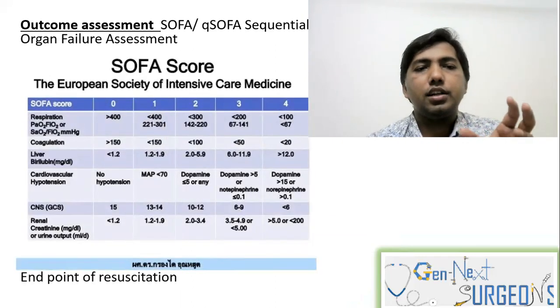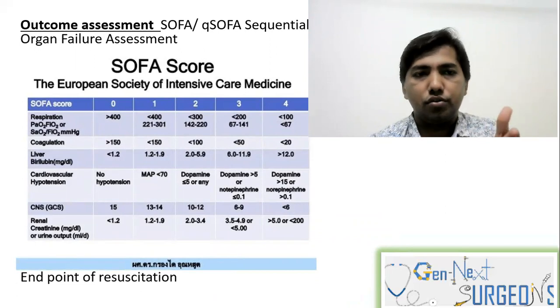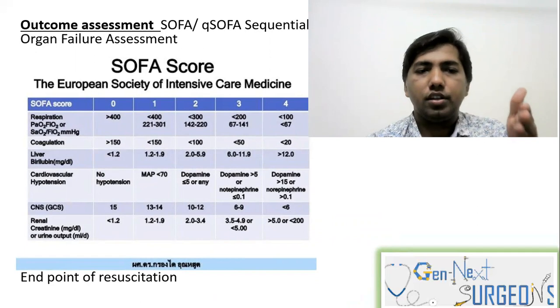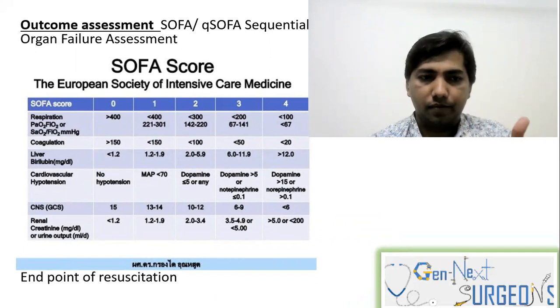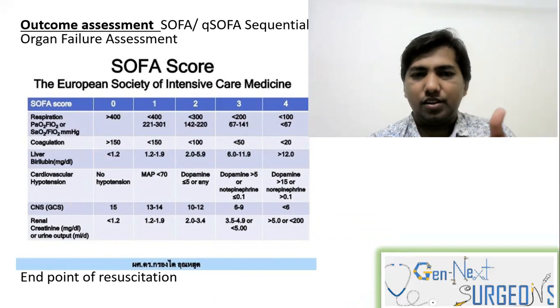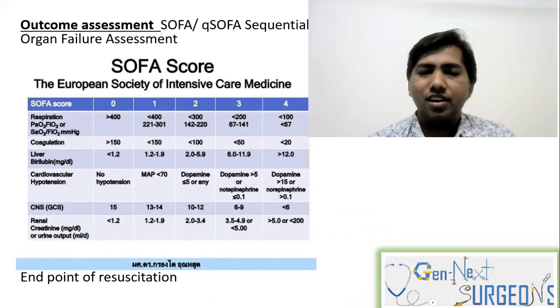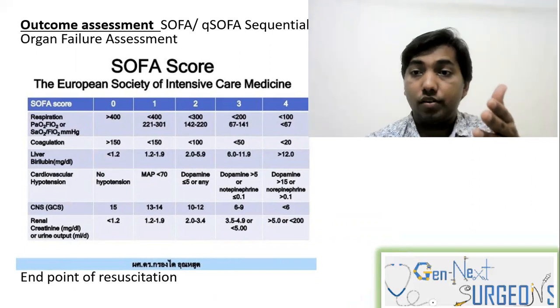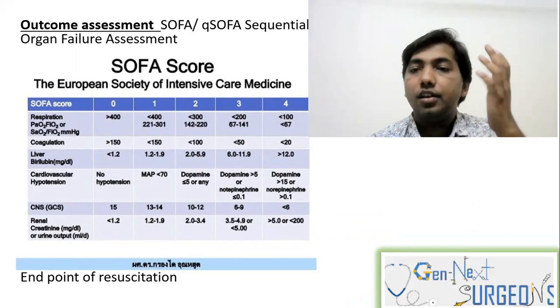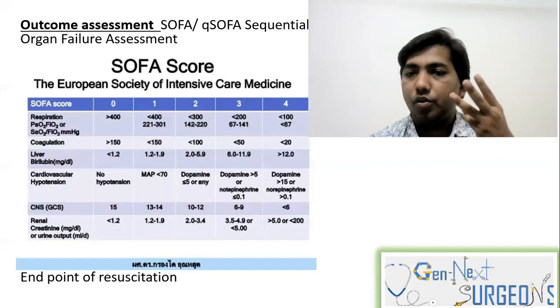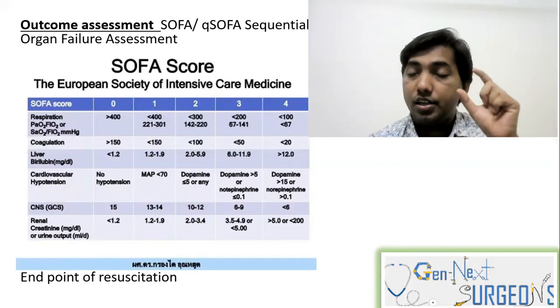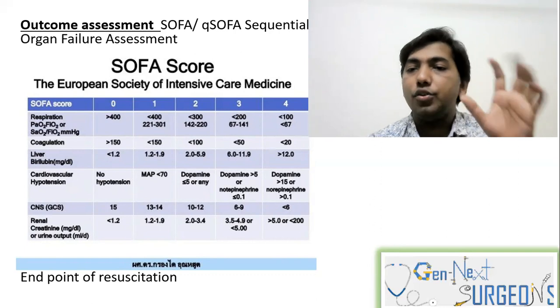So for the SOFA score, there is a dysfunction score 0, 1, 2, 3, 4, for respiration, coagulation, hepatic, cardiovascular, neurogenic or CNS, and renal. If you can remember the points, that is very good. And if you cannot, then qSOFA is essential: GCS, respiratory rate, and systolic blood pressure, the three components. You have to mention it everywhere.